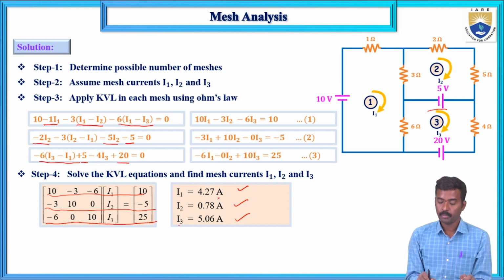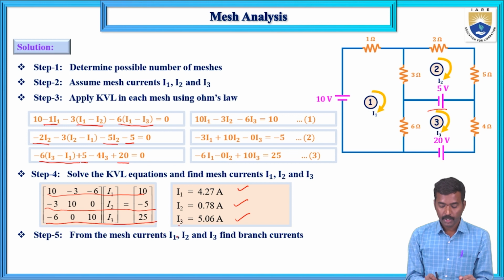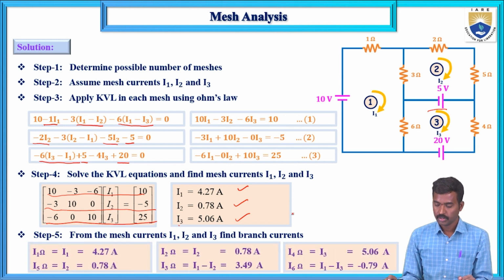Solve the branch currents: the 1 ohm resistor current, 2 ohms resistor current, 5 ohms resistor current, 3 ohms resistor current, 6 ohms resistor current, and 4 ohms resistor current using I1, I2, and I3. From the mesh currents I1, I2, and I3, determine the branch currents.